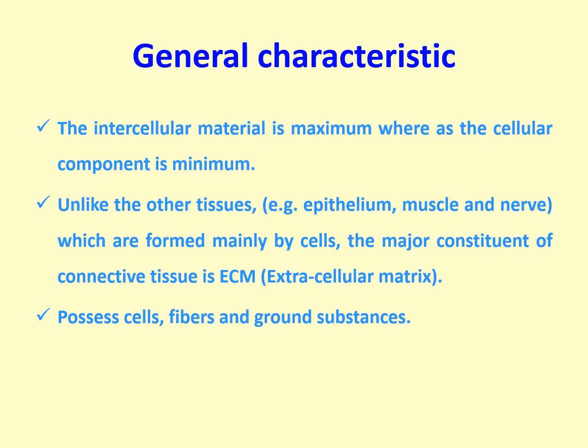The matrix is maximum, while the cellular component is minimum. Unlike other tissues like epithelial, nervous, and muscular tissue, which are formed mainly by cells, the major constituent of connective tissue is matrix, and this matrix is produced by the connective tissue cells. Cells and fibers reside within this matrix. So basically, connective tissue has cells, fibers, and ground substance.